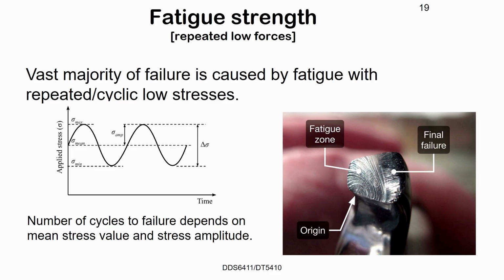And similarly for the stress amplitude, you can have very small stress amplitude, or you can have great stress amplitude. Either of those two things would shorten the life of your component.